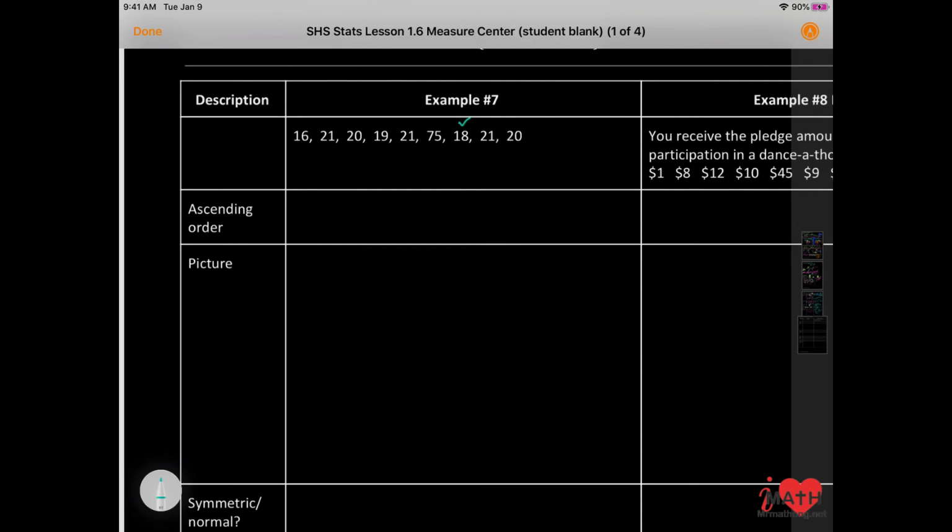Alright, so look at our numbers. 16, 18, 19, 20, 20, 21, 21, 21, 75. What does our picture look like?